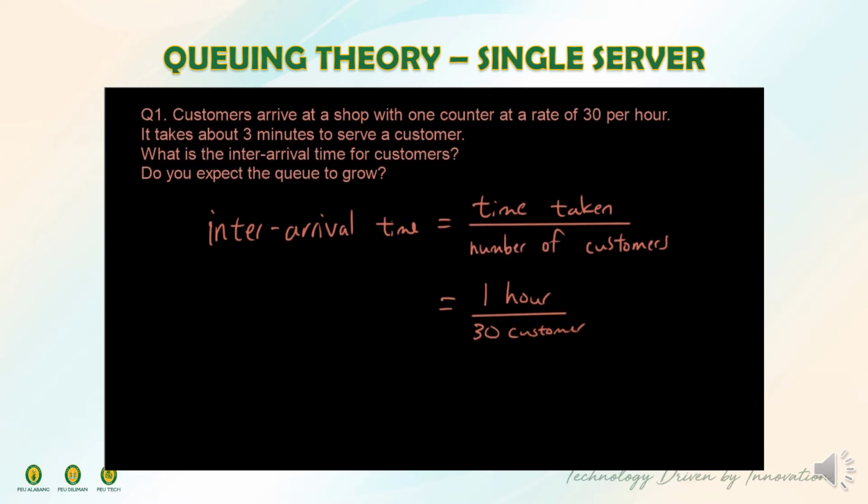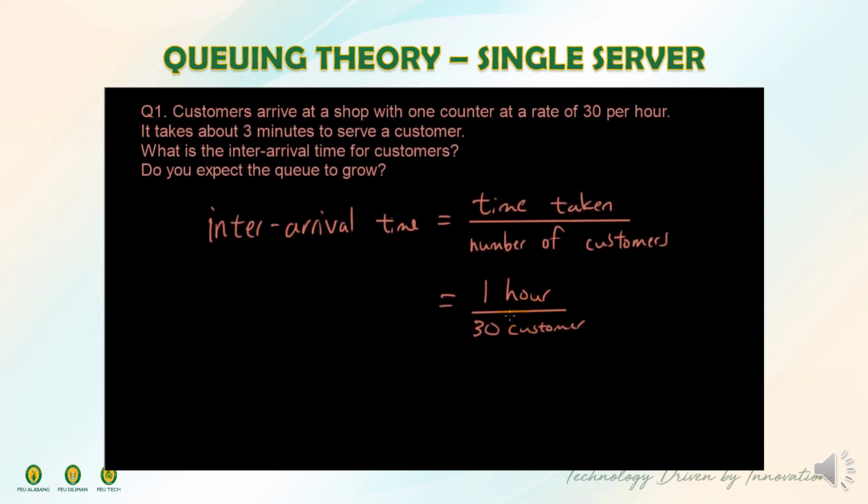Now 1 hour is not a very easy unit to process, so let's convert that to 60 minutes, because 1 hour is 60 minutes. So it's 60 minutes divided by 30 customers. 60 divided by 30 is 2, and because we have minutes divided by customers, it will be 2 minutes per customer.